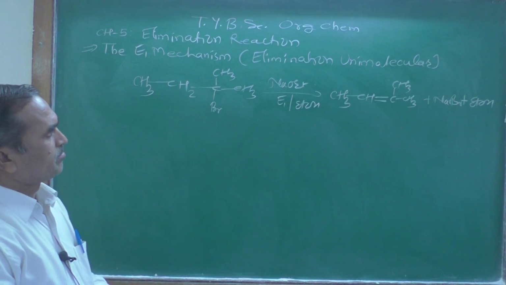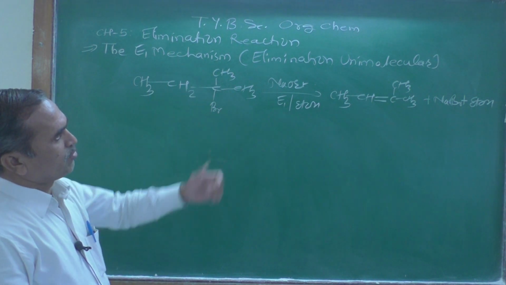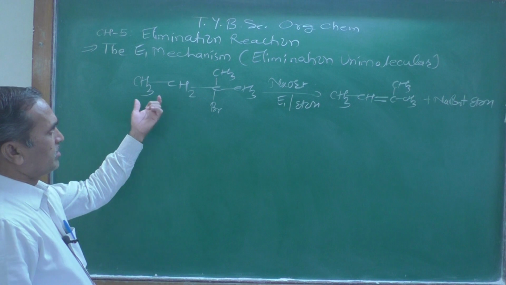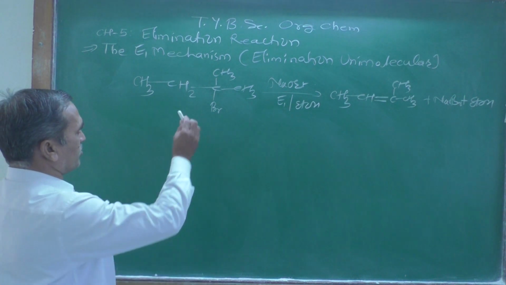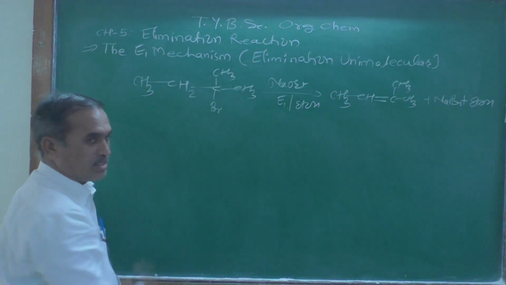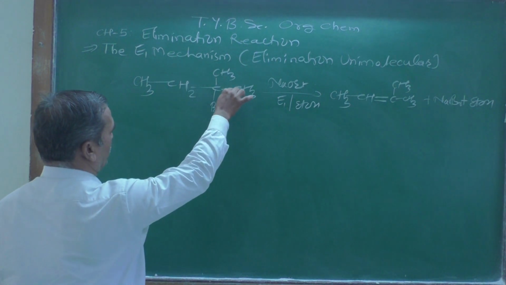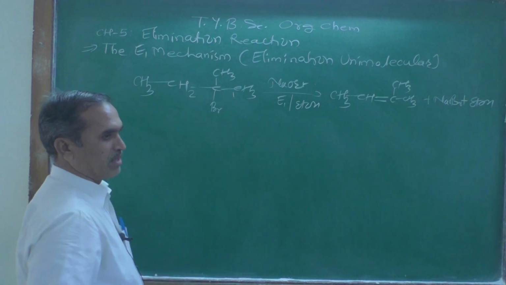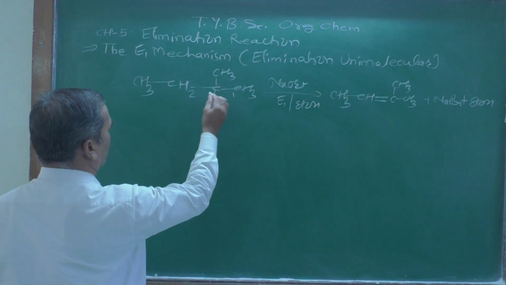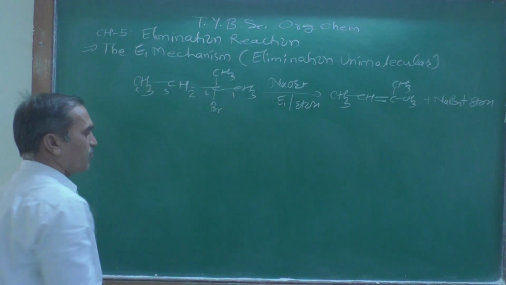Now first of all, tell me what will be the IUPAC name of this compound. If you observe this molecule carefully and give the numbering from the right hand side, 1, 2, 3, 4, right?